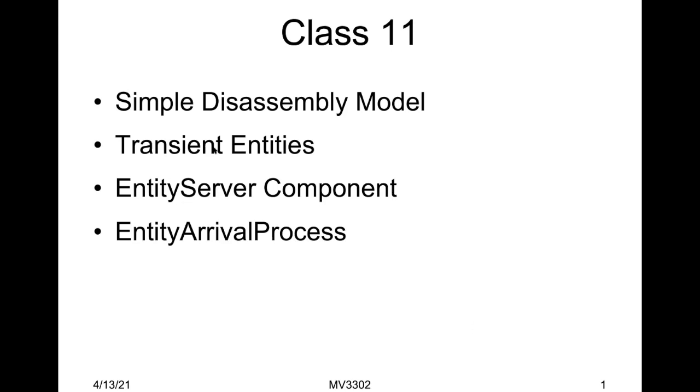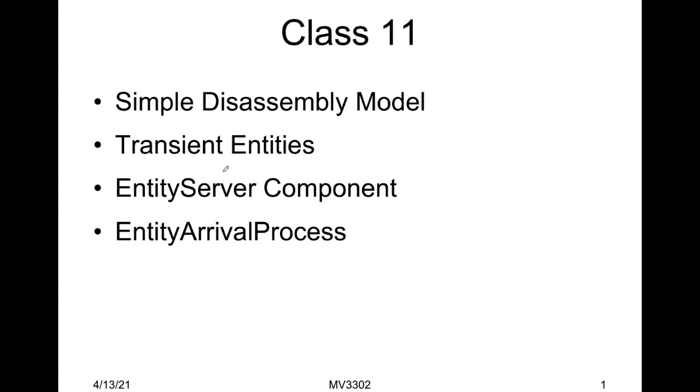And that's where this idea of transient entities comes in. And then we're going to apply that again to yet another basic multiple server queue model, except it's going to use these entities. And then in order to drive it, we're going to need an arrival process that actually produces these things. So as we'll see, these are going to be objects that represent the individual customers.